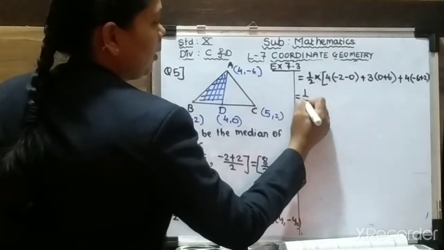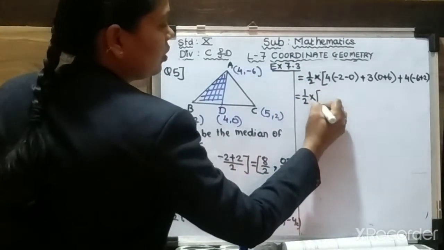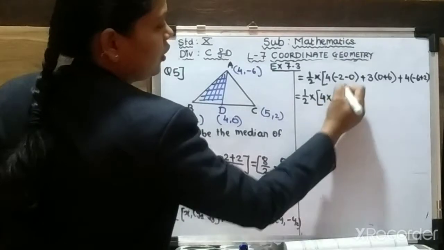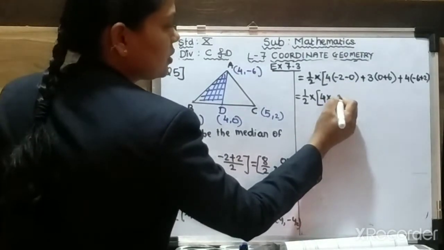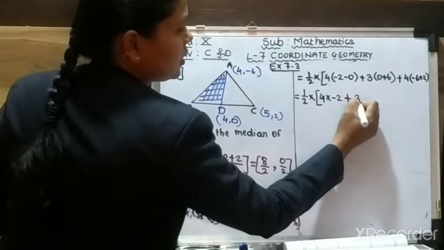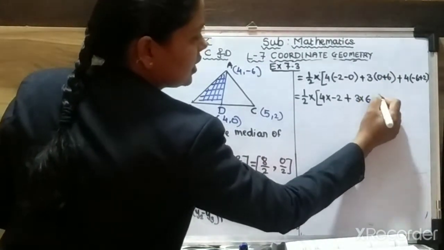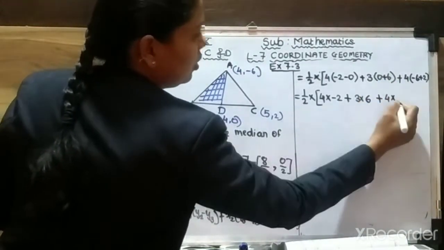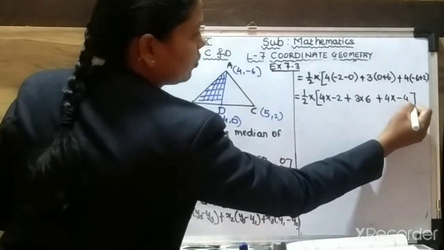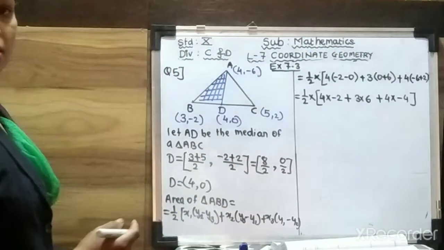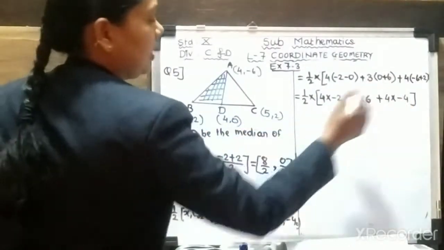Right? So 1 upon 2 into inside a bracket: 4 into minus 2 minus 0 is minus 2, plus 3 into 0 plus 6 is 6, 4 into minus 4, right? Minus 6 plus 2 is minus 4 because 6 is greater over here.